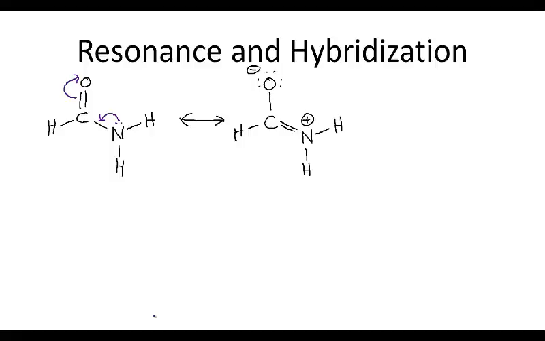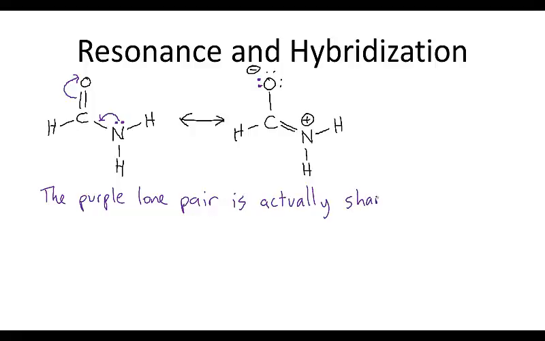You know, and I can actually draw it in purple up here because it's still the same lone pair here. Still we can imagine it being the same pair of electrons. The purple lone pair is not really alone. And because of that, if we're thinking about the number of domains on the nitrogen, it really only has 3 domains.